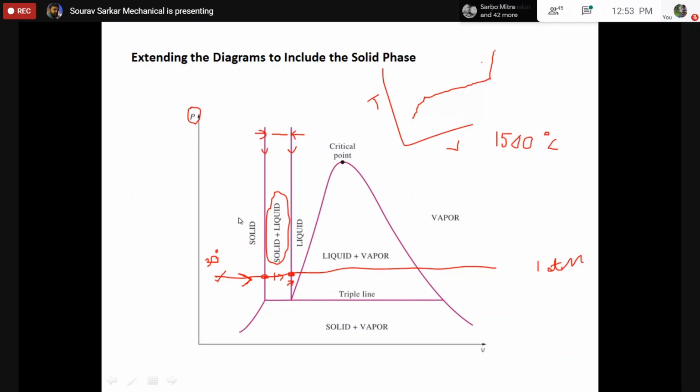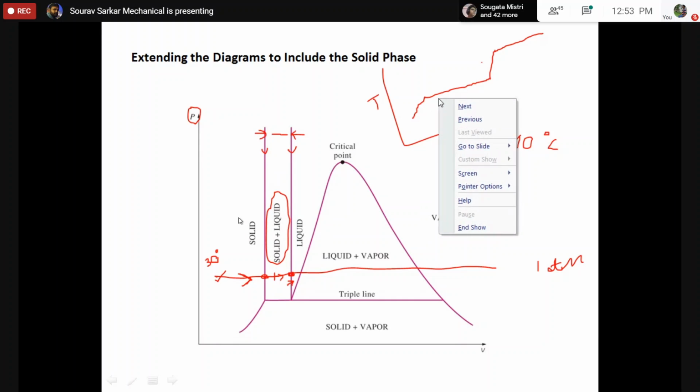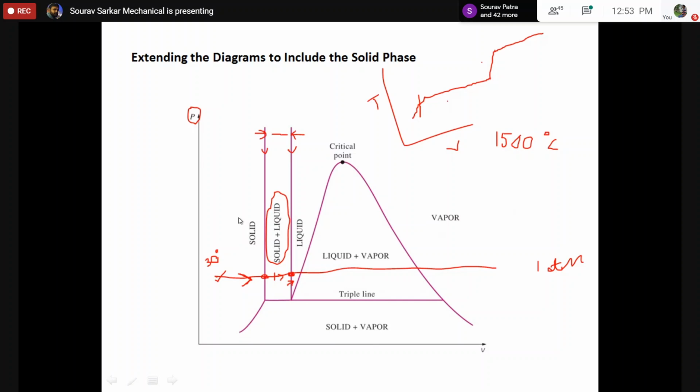After that, it will reach the boiling point, then it will go again like this. So this part is the sensible solid heating, this part is the melting, and this part is liquid.